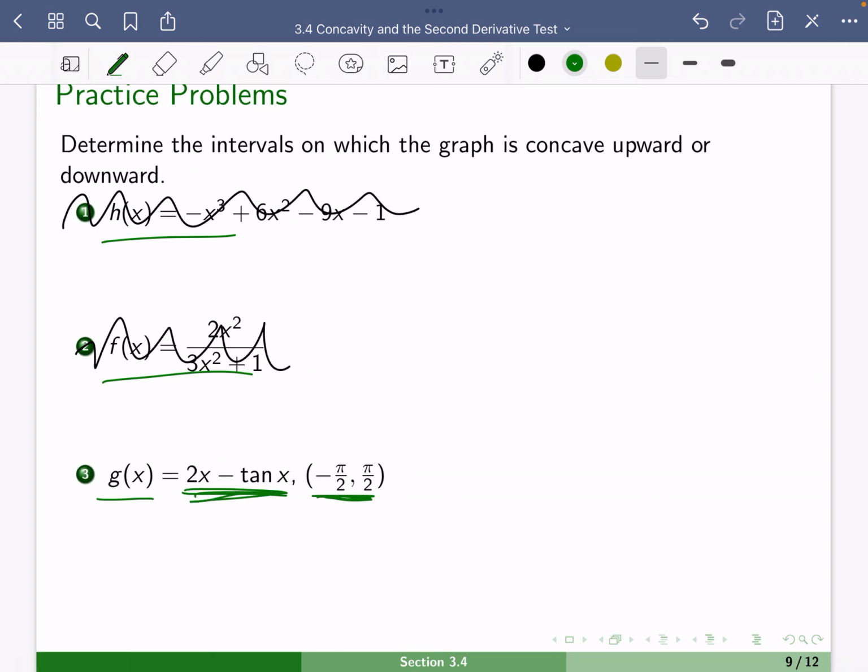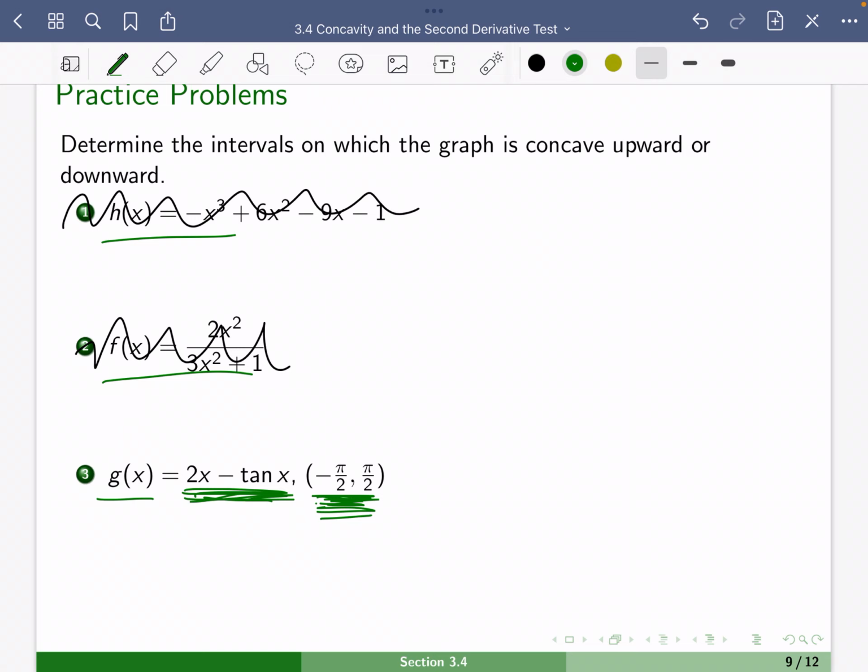Tangent of x is undefined in a lot of spots. It is undefined at every single odd multiple of pi over 2. But negative pi over 2 and positive pi over 2 are the only two odd multiples of pi over 2 that occur in this interval. So there's not anywhere else where this function is undefined.